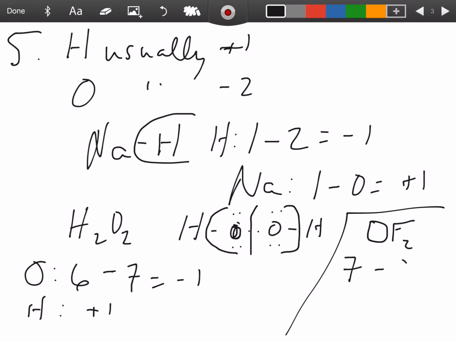We're going to subtract the 8 electrons that are going to be around it. So the fluorine becomes a minus 1. And if we must have a neutral charge on this, then the fluorines are going to each be a minus 1, so a grand total of minus 2. Therefore, the oxygen is going to be a plus 2. And we'll work out some of these problems here in a bit.